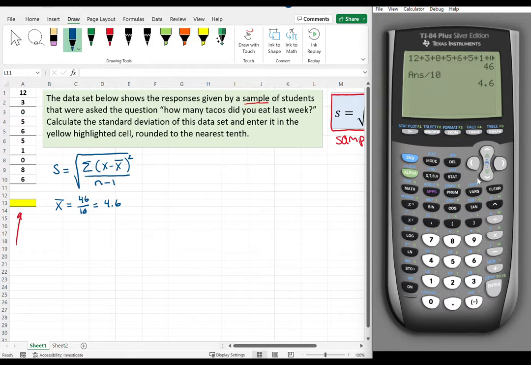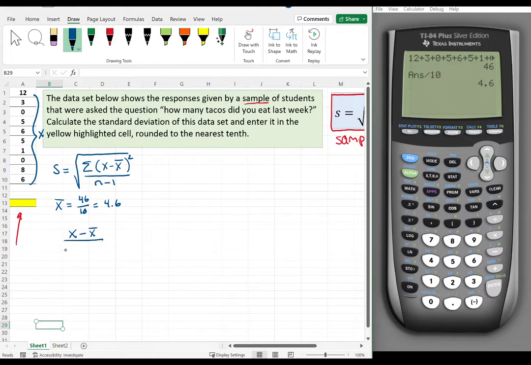Okay, so now that we have this, let's calculate the standard deviation. So we're going to have to take each x value. These are our x values. X values are the data values. We're going to have to take each one of those and subtract the mean.